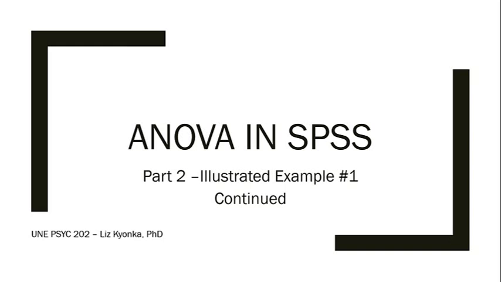What we haven't done is looked at the planned contrasts or post hoc tests yet, which will give us some idea of what those significant differences are. So that's what we're going to do right now.